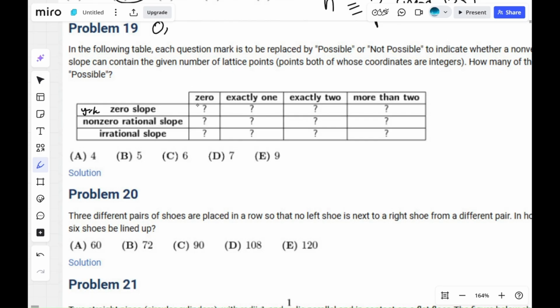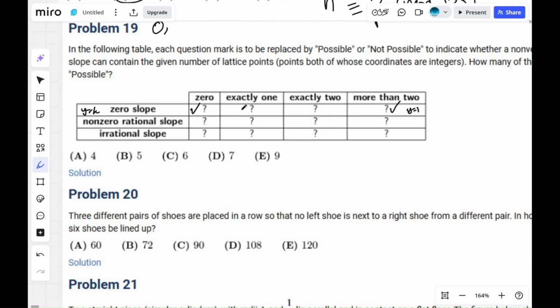So this is yes. And then for the next two, exactly 1 and exactly 2, this is not possible. But the last one, more than 2, is possible. For more than 2, we can have an example, y is equal to 1. So 3 lattice points on this line are (0, 1), (1, 1), and (2, 1). So we can see that that is possible.